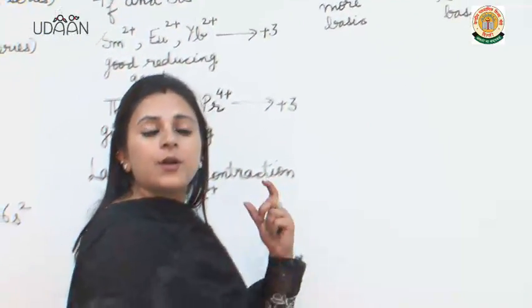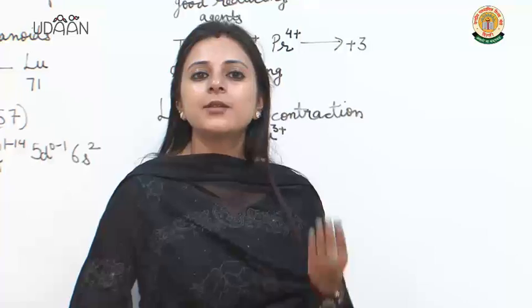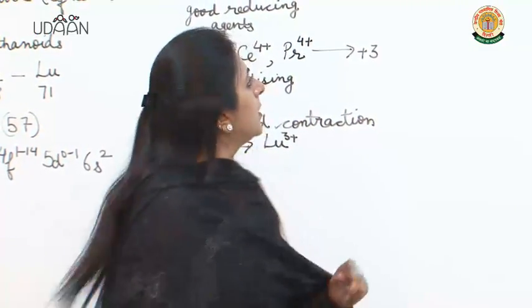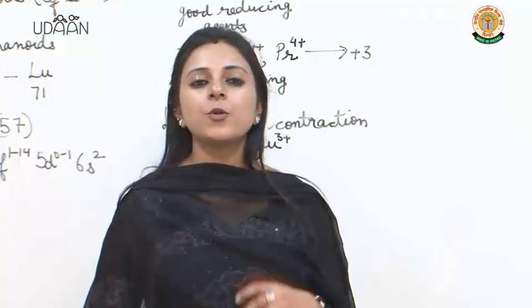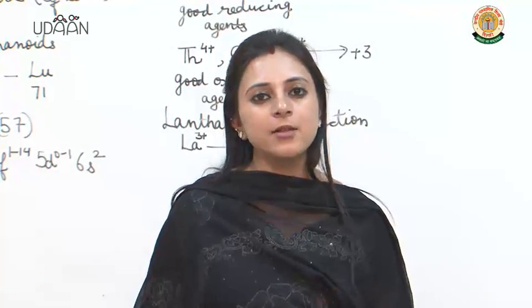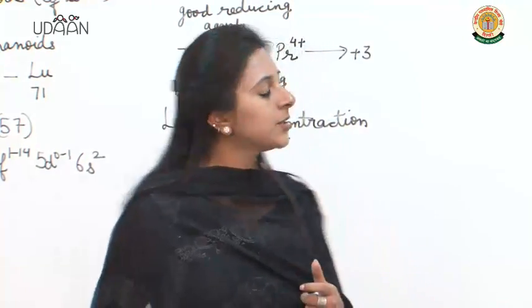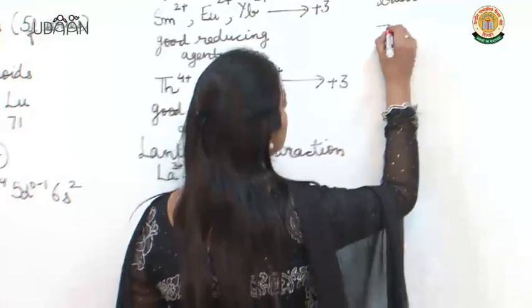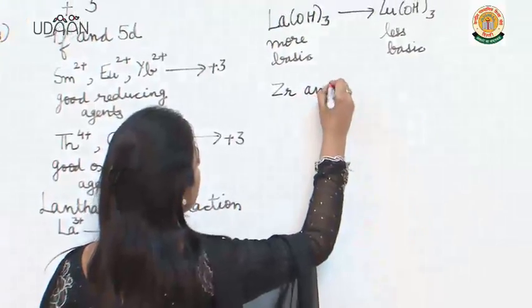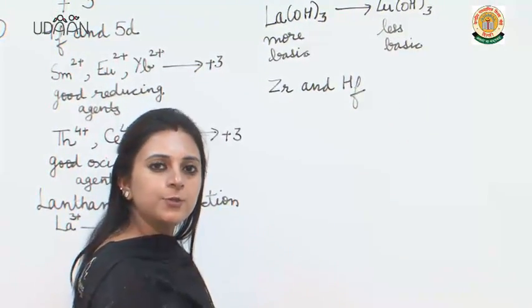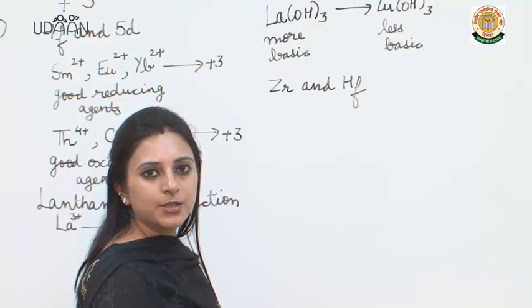Now, let us talk about the size of the second and third transition series. Now, the size is almost the same. Why? Because of the lanthanoid contraction which takes place. So, zirconium and hafnium have almost the same size due to lanthanoid contraction.